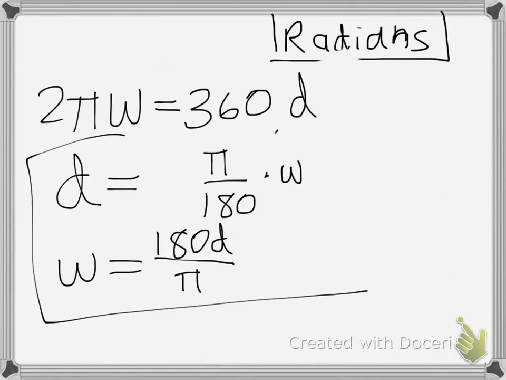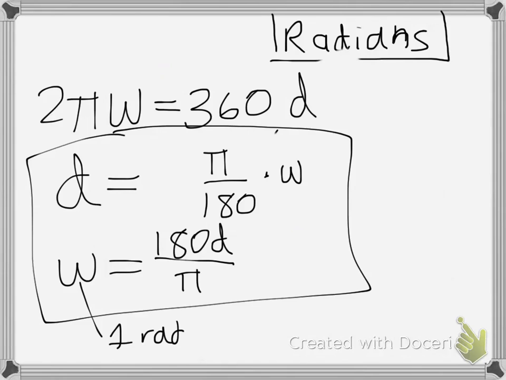So these are the formulas, and remember, W stands for 1 radian. These are the formulas for converting from degrees to radians and radians to degrees. And this is really important in trigonometry, as we'll see in the next video.